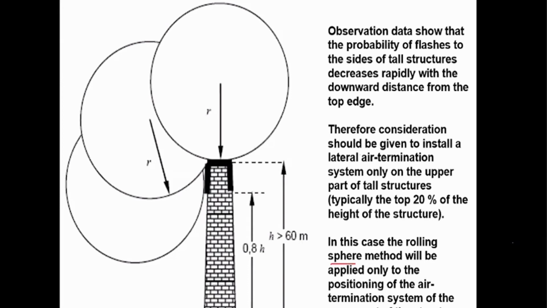In other words, you have to protect by mesh method the part of the building above 80% of the height. Say for an example, if you have a building of height 100 meters, then apart from the rooftop level, you have to protect with air terminations up to 80 meters of the building.